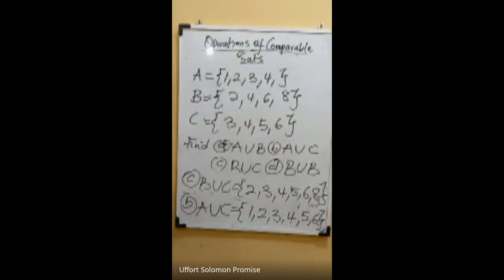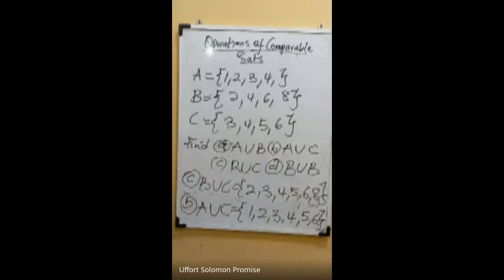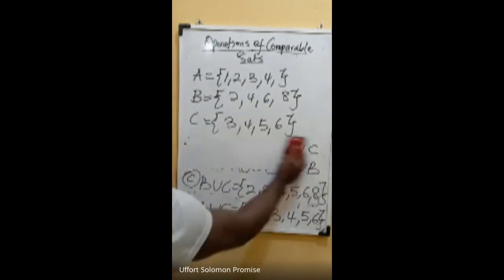The last one is B union B. B union B is actually equal to B. Because B union B means that you write B twice.